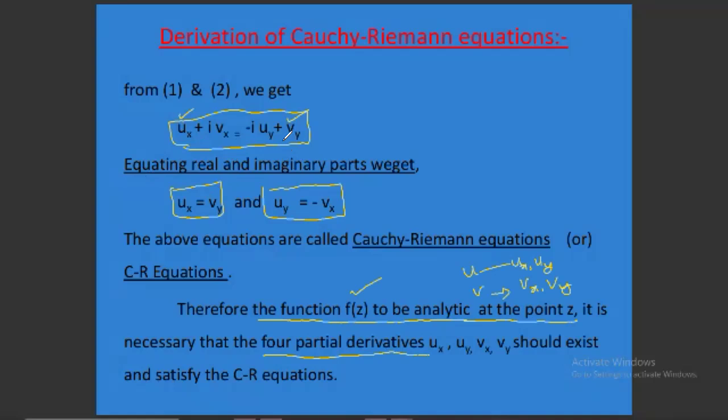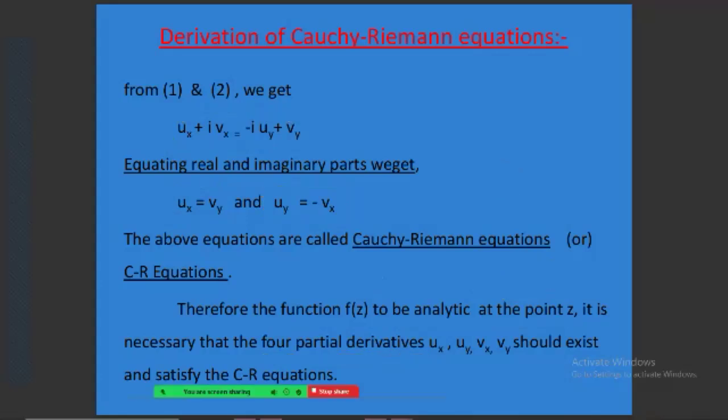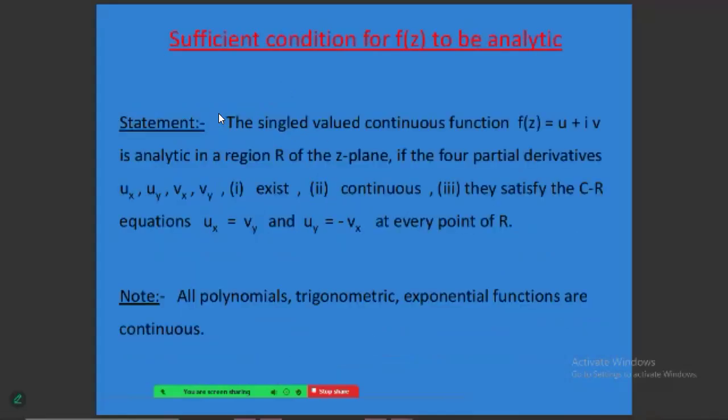Not only do these exist, but it also satisfies the Cauchy-Riemann equation: ux is equal to vy and uy is equal to minus vx. So this is the necessary condition for f of z to be analytic.